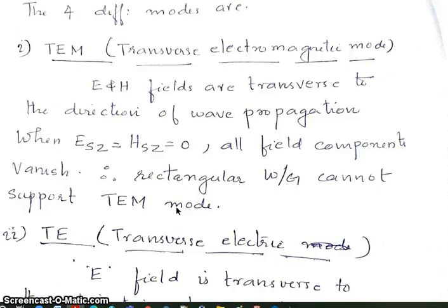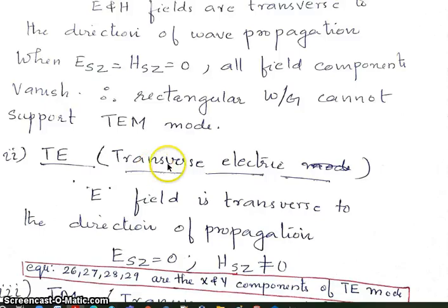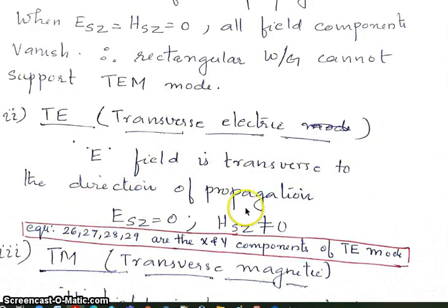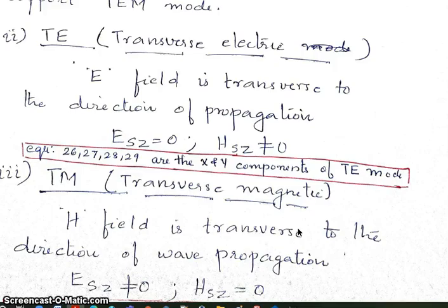Now TE mode, the transverse electric mode: the electric field is transverse to the direction of propagation. That means Esz is equal to 0 and Hz is not equal to 0, as we said earlier. And equations 26, 27, 28, 29 give the X and Y components of TE mode.